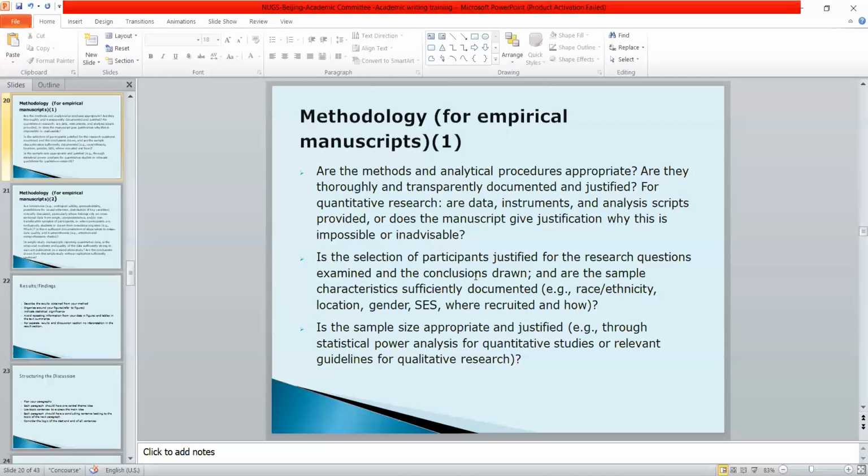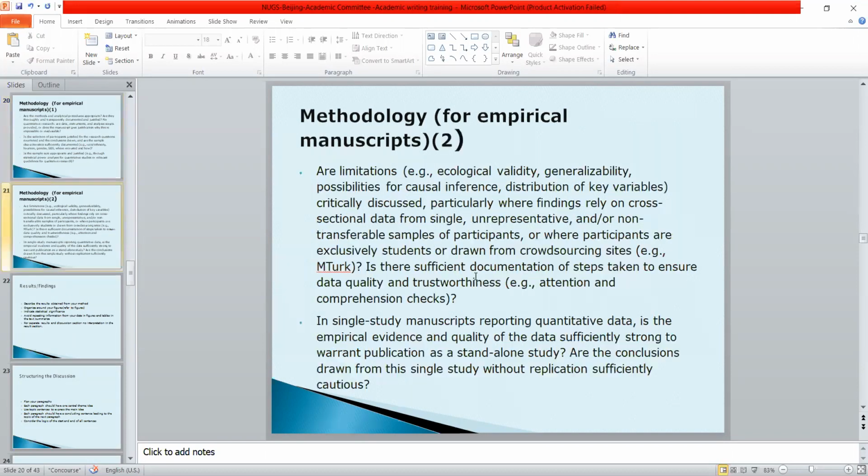These are some of the things that you must always consider. If you write a manuscript and it goes in for review, these are some of the questions that the reviewers are asked to review your work based on. I can be given a template to review your work, and these are the questions they try to see whether you have satisfied. So it is very, very important for you to look at that aspect.